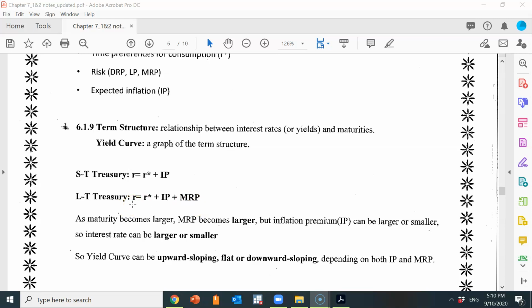So as T goes up, R can go up, down, or not change, depending on whether IP is increasing or decreasing, and if IP is decreasing, whether the degree of IP decreasing can offset the increase of MRP.